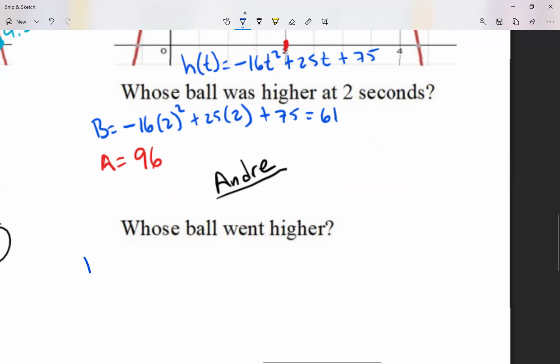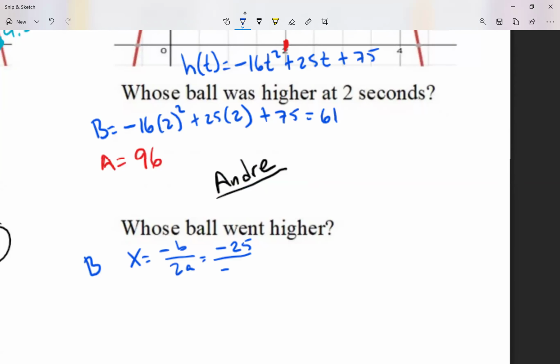So let me use Brett's information. The x value of my vertex, I remember the formula negative b over 2 times a. So in this case, negative 25 over negative 32. Remember, my b value is 25. My a value is negative 16. So that's why I have a negative 32 at the bottom. Negative divided by negative is positive, so that's a good thing. 25 divided by 32 is about 0.78.